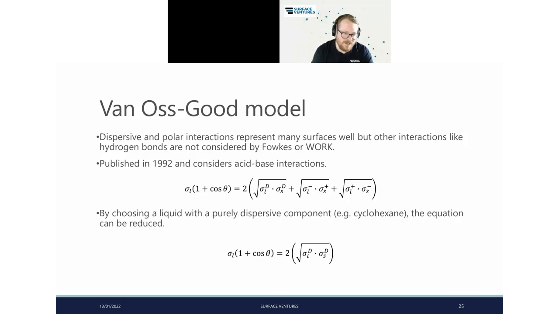Van Oss-Good was published in 1992 and instead considers acid-base interactions, or hydrogen bonds. So that is the equation that defines it there. And by choosing a liquid with a purely dispersive component, such as cyclohexane, you can then reduce the equation to what you see below, where you're just considering dispersive parts, and you can then use this as opposed to the other models that I've talked about.